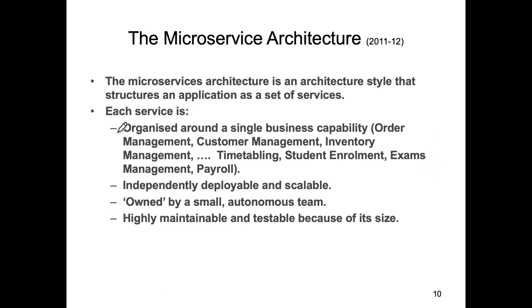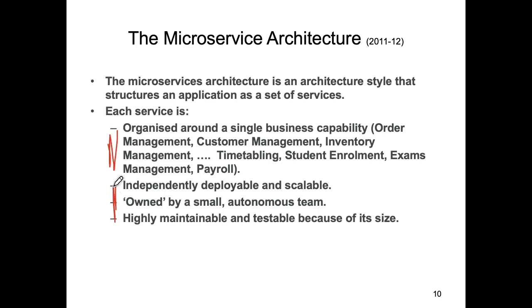So this first point here doesn't really distinguish microservices architecture from the monolithic architecture. You could still achieve this modularity with the monolithic architecture. But what was unique about the microservices architecture is more these points here, right?